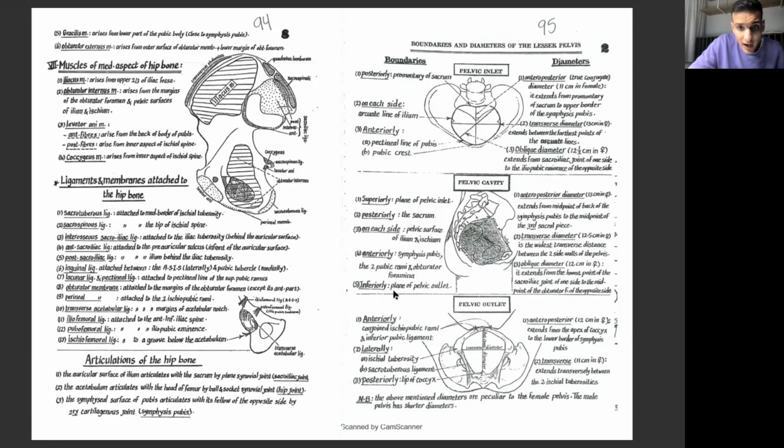And inferiorly, we have the plane of the pelvic outlet, and that's what we're going to discuss next, the pelvic outlet and its borders. The diameters here are not as important as those of the pelvic inlet. So imagine there's a baby within a woman's womb.